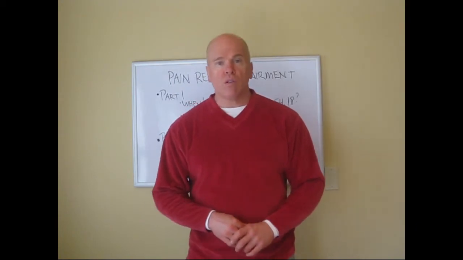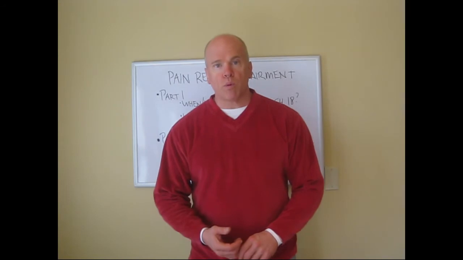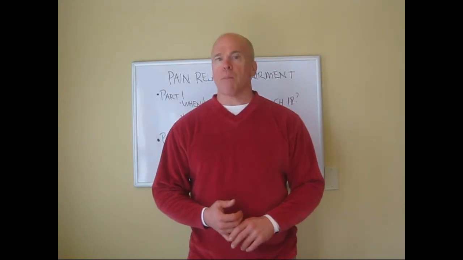The purpose of this two-video series is to elaborate on concepts taught in Chapter 18 of the AMA Guides. As you know, Chapter 18 is the chapter associated with pain, and it describes the principles and procedures involved with providing for additional pain-related permanent impairment.